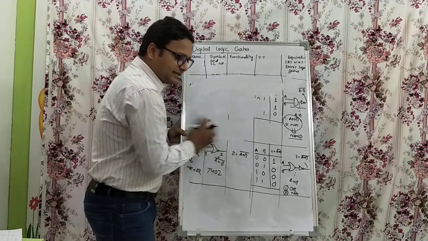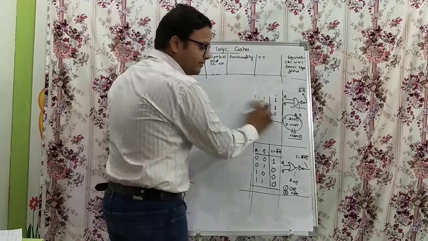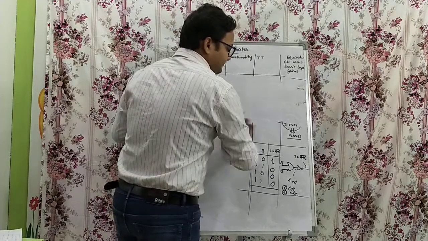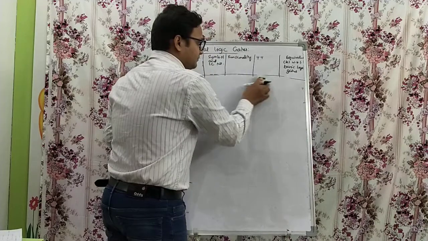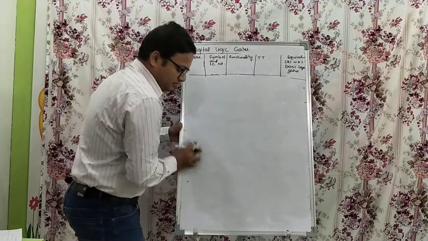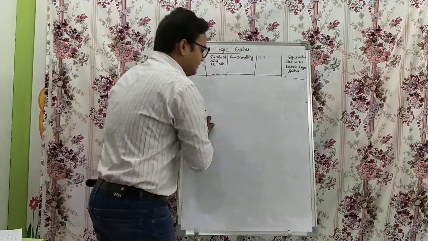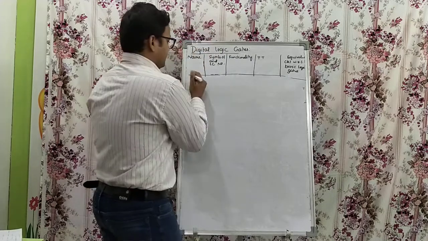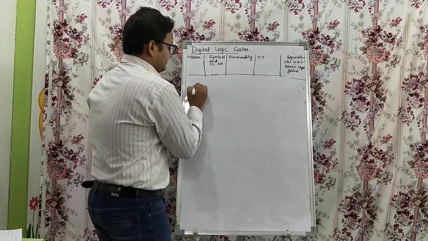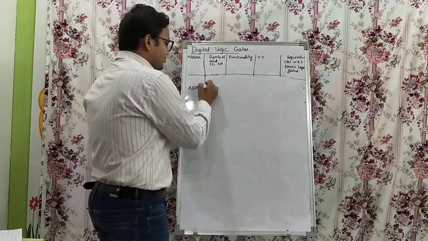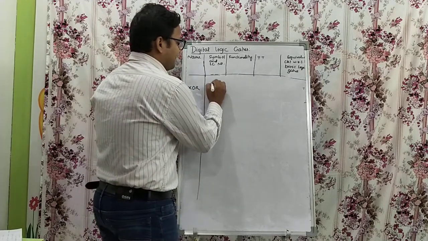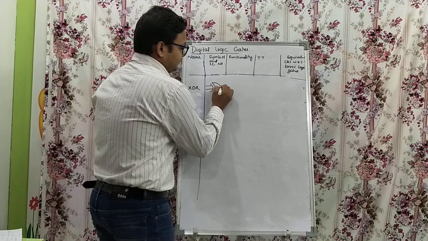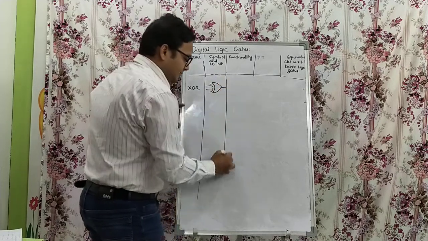So next one is exclusive gate. Exclusive gate is XOR, which is exclusive OR. The symbol is like this.